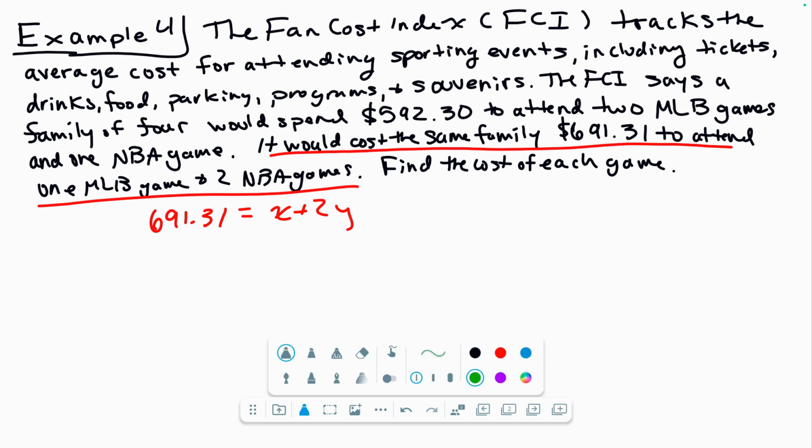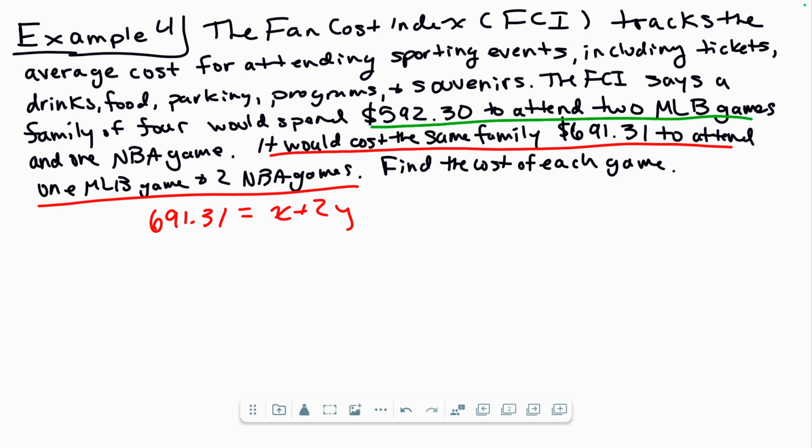What's going to be the other one? 592.30 equals 2x plus y. Nice. Good.